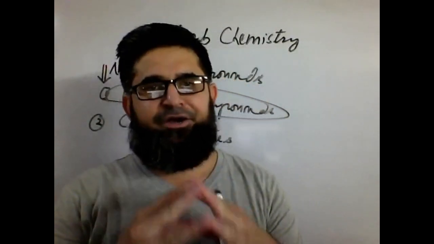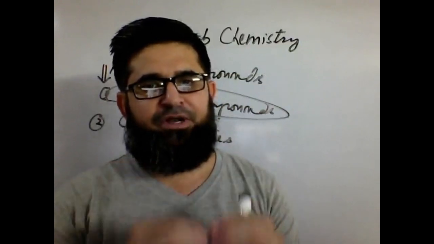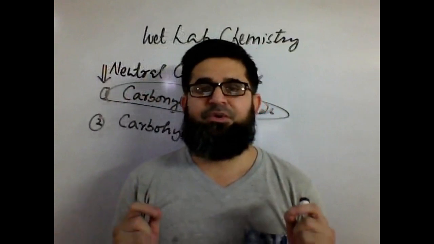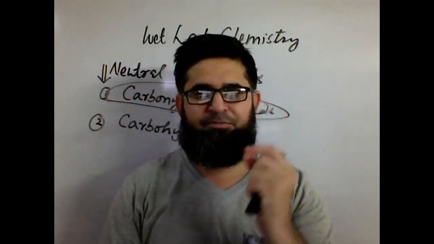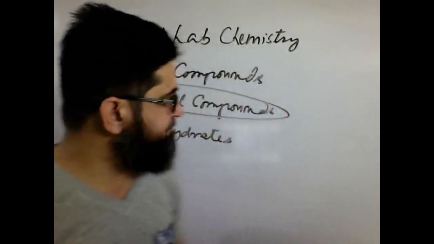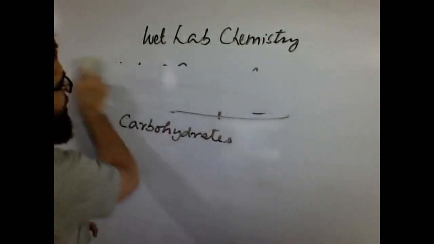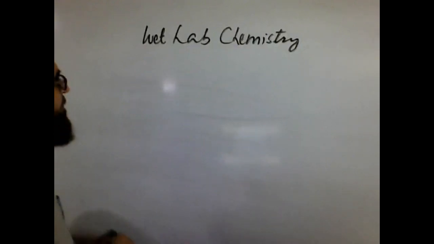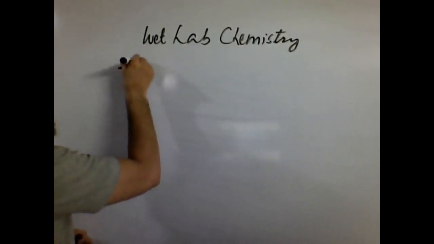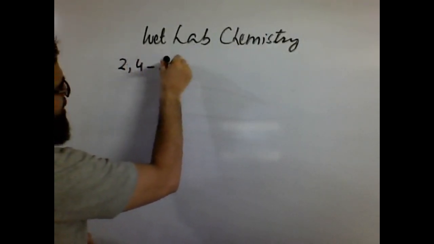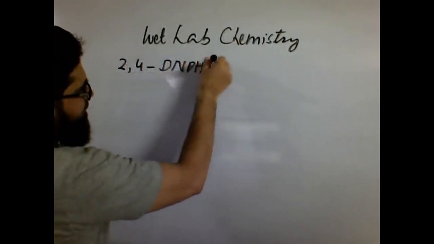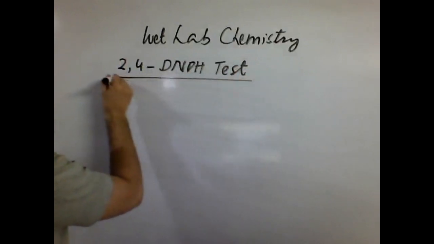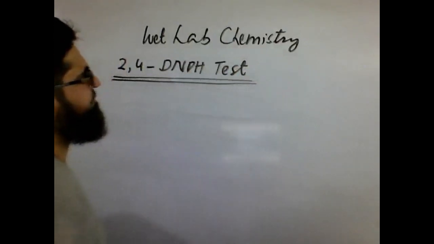How can one identify the presence of carbonyl compounds? What is the basic test that helps us identify the presence of carbonyl compounds? That is very much known to you. That is called the 2,4-DNPH test, and that's what I'm going to start today.